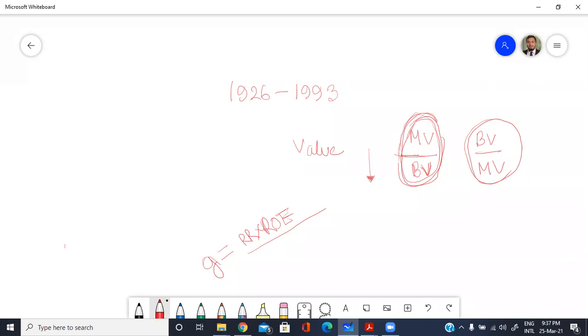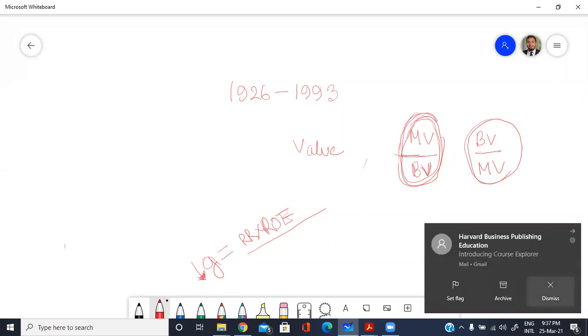Is there any company in our stock market whose market value is lower relative to book value? Many companies, sir. What is the reason? Return on equity is very low, sir. The earnings are very low. Their potential for growth is expected to be very low.